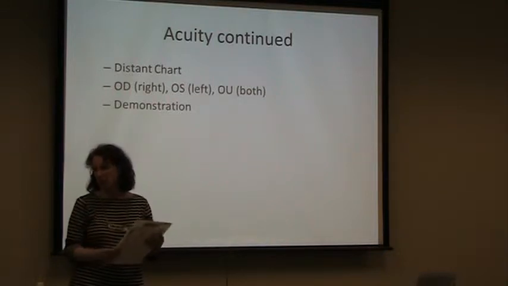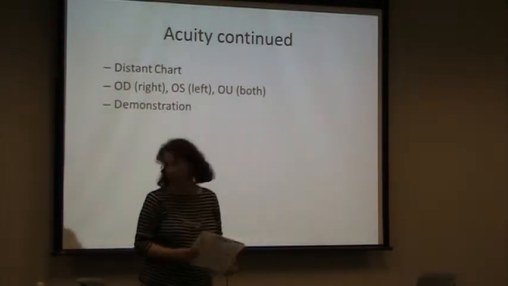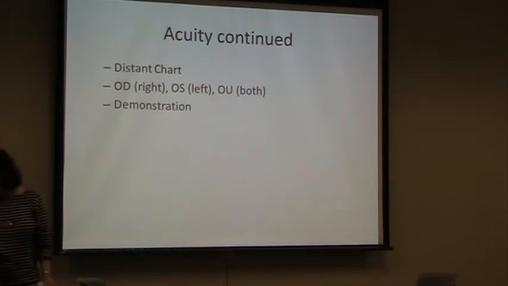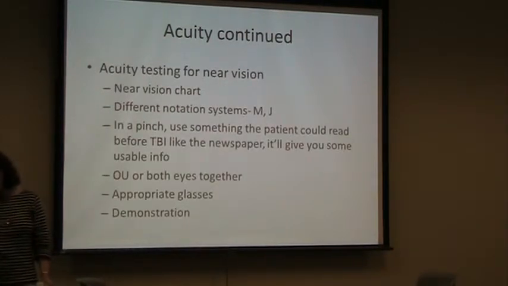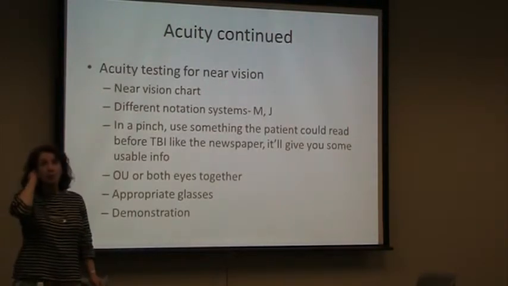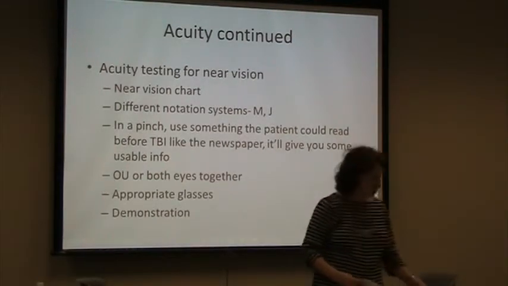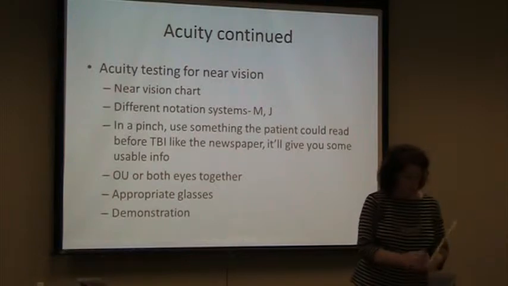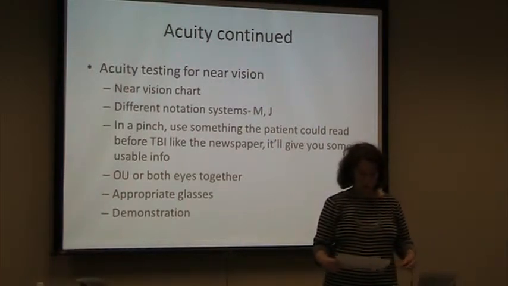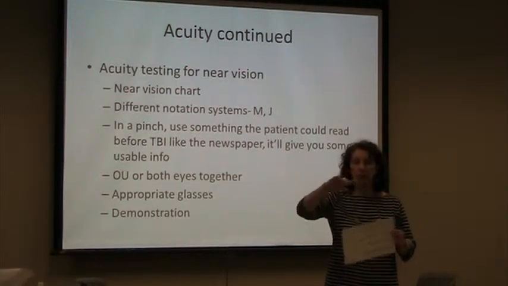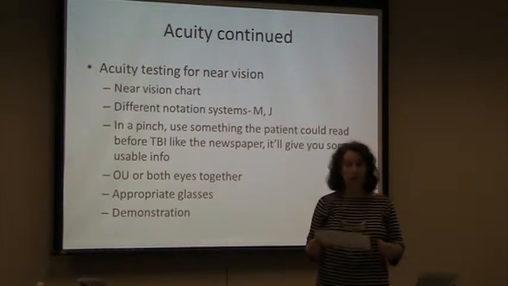So you know they missed one, but that's not a big deal. And you can use that with children. They have something easier that a child can relate to and tell you which way something's pointing. Pictures or the tumbling E's, to tell which direction.